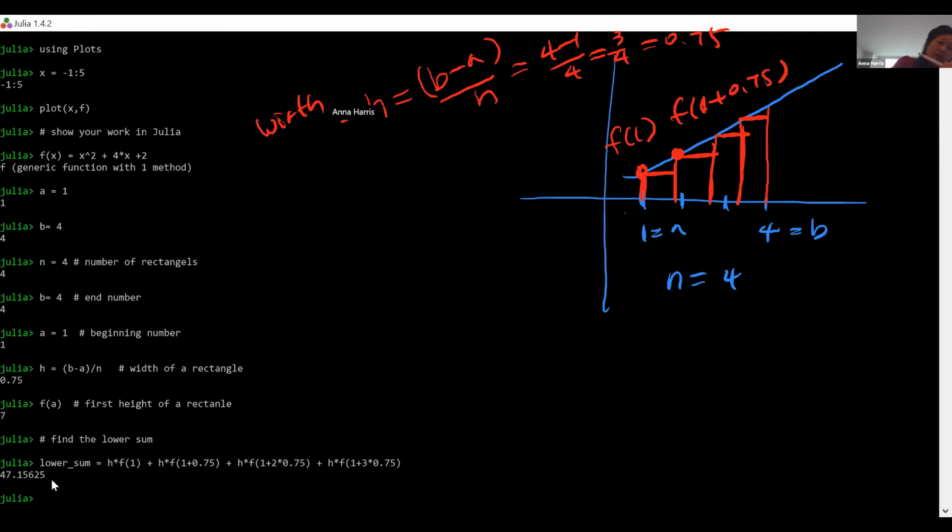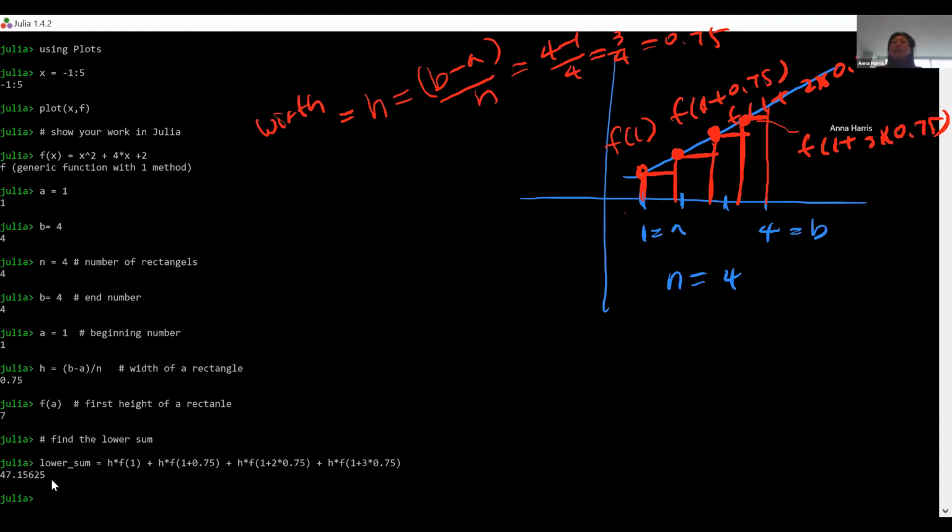So next one, how to find this one over here. That one is f of 1 plus 2 times 0.75. What about this one over here? That one is the same as f of 1 plus 3 times 0.75.